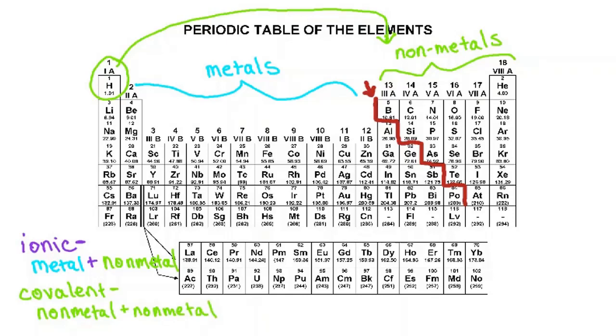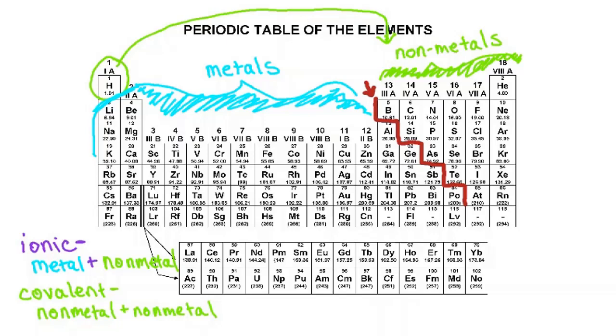So with an ionic bond, you're going to have something from over here, anything on the left 2/3 side of the periodic table. You're going to have one element from there, and then you're going to have one element from the nonmetals, the right third of the periodic table. That's going to be an ionic bond, and that's going to make up an ionic compound.